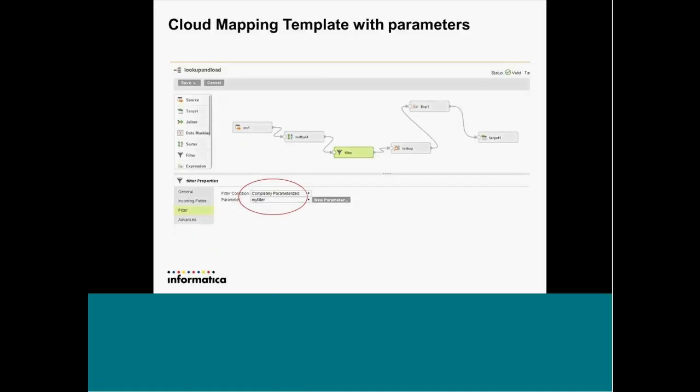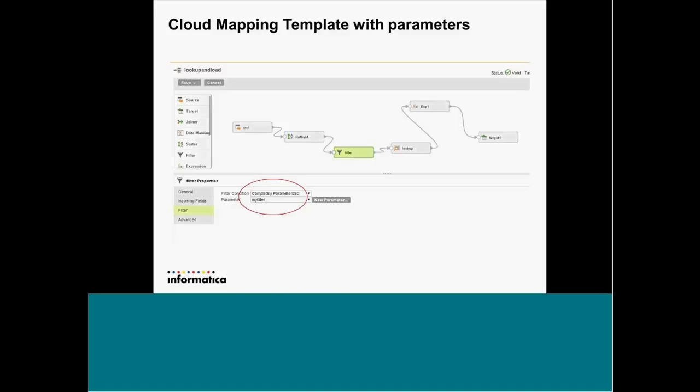So let's see what this looks like, and I'm going to actually open up the product and show you the pieces. So at the end of the day, we ended up building a cloud mapping designer mapping, okay, which initially in the POC we kept simple, but actually when we ran the POC, we used a mapping that the customer had created, and it had about 4 or 5 lookups, and it was basically doing a slowly changing dimension kind of flow in a way.